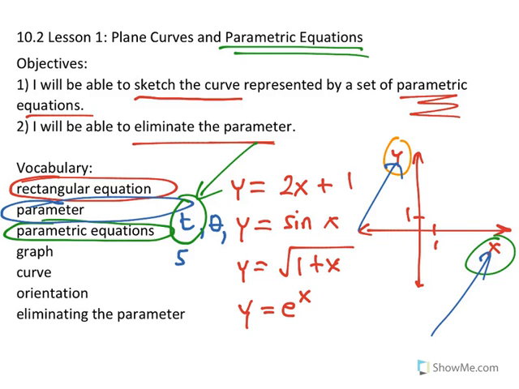And the parametric equations for x and y will tell you the x and the y coordinates of the object's position in the xy plane at a particular time, which is given by the parameter t. You could also have the parameter represent an angle of rotation or even something else, as we will see later.